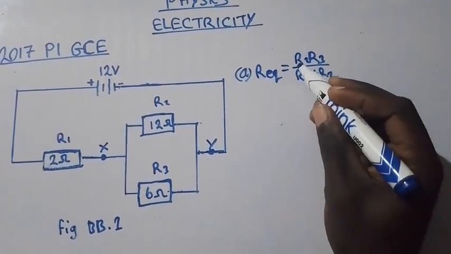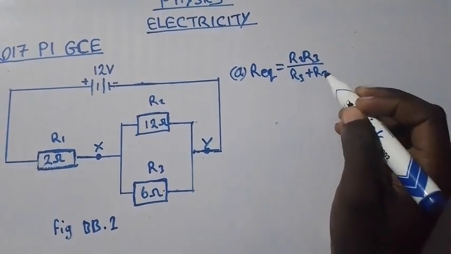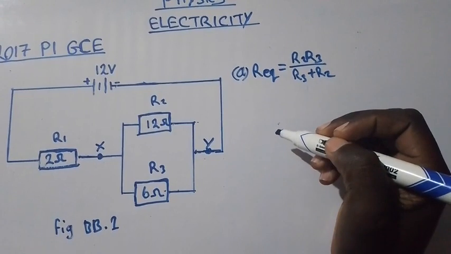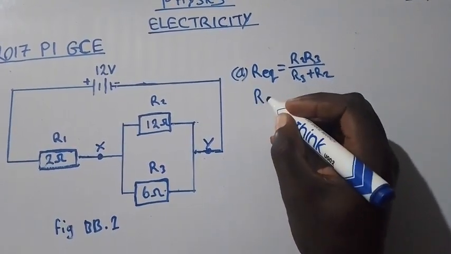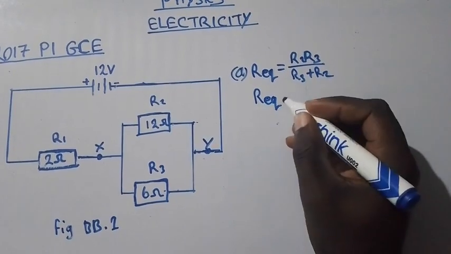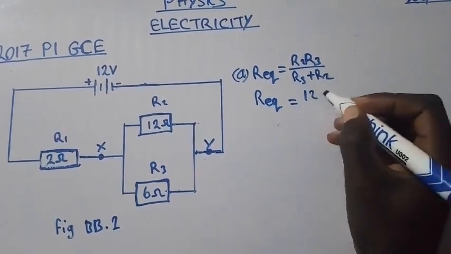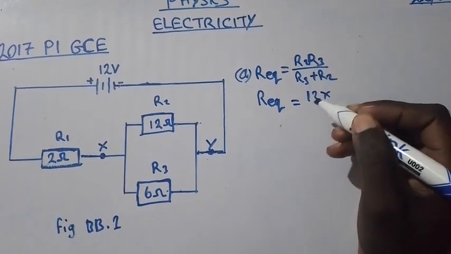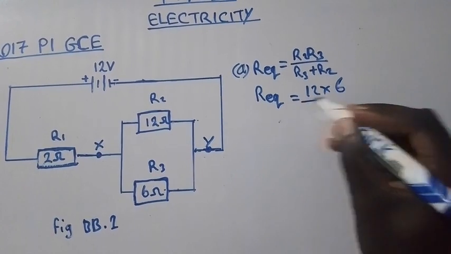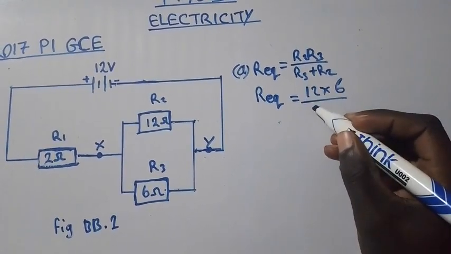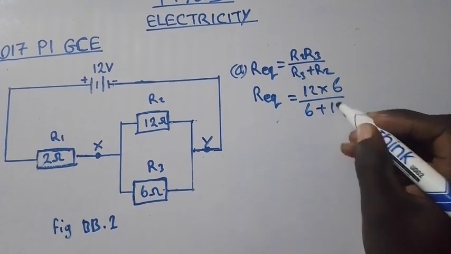So it's resistor 2 times resistor 3 over resistor 3 plus resistor 2. They are in parallel. So equivalent resistor will be equal to resistor 2 we have 12, times resistor 3 we have 6, over 6 plus 12.